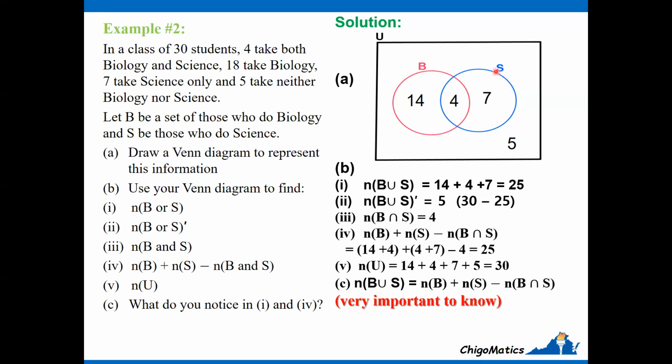If we add those who are doing science separately and add those who are doing biology separately, like you are seeing here, we are adding 4 twice. When we add those who are doing biology, then add again those who are doing science, this is why we remove the extra added portion of the same students.